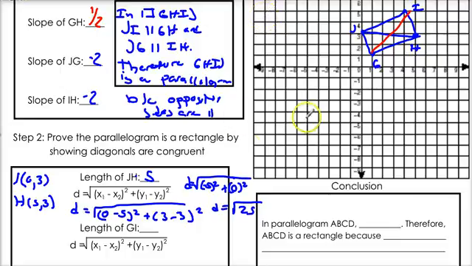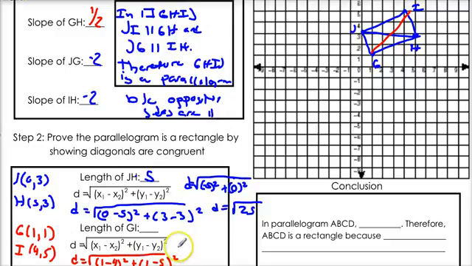Let's try GI now. Let's write down our coordinates. G is (1, 1), and I is (4, 5). Let's plug that into the distance formula. So the distance is equal to the square root of (x1 minus x2) squared, so that's (1 minus 4) squared, plus (y1 minus y2) squared, so that's (1 minus 5) squared.